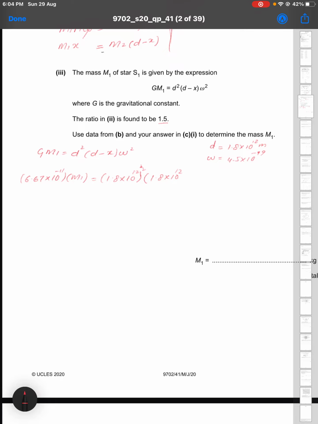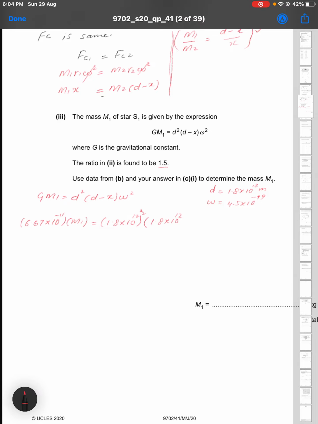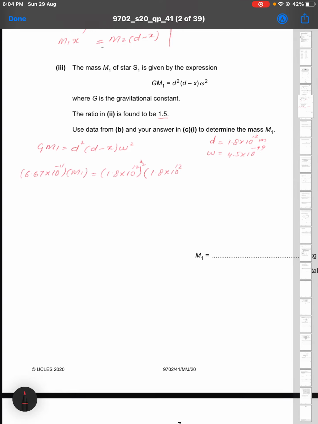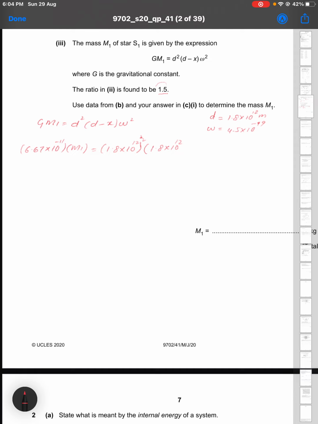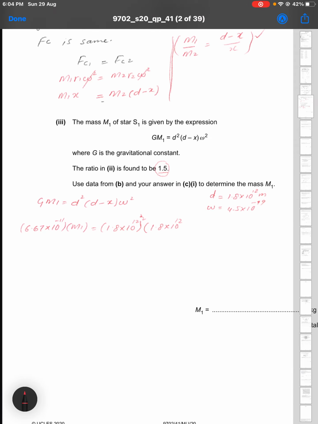But the problem is that x is not given. So what can we do for x? It's mentioned that the above ratio is 1.5, so I will use this ratio here: d minus x over x is equal to 1.5, right?